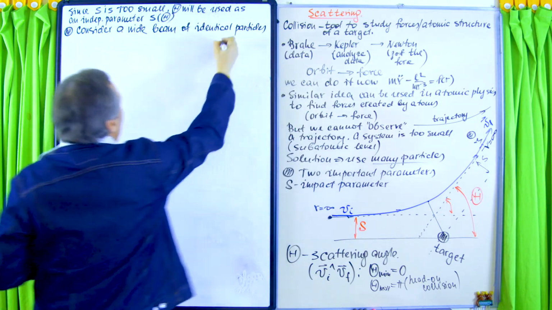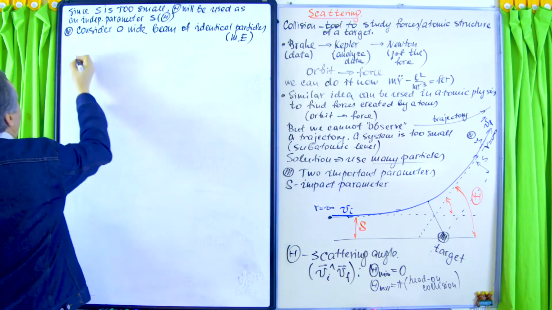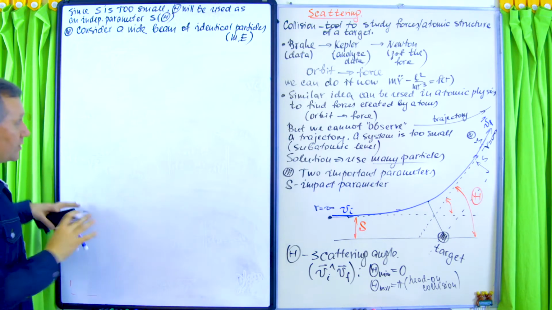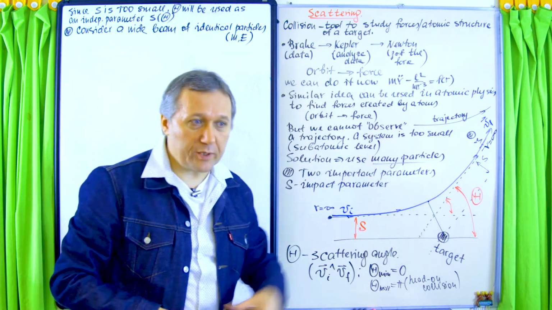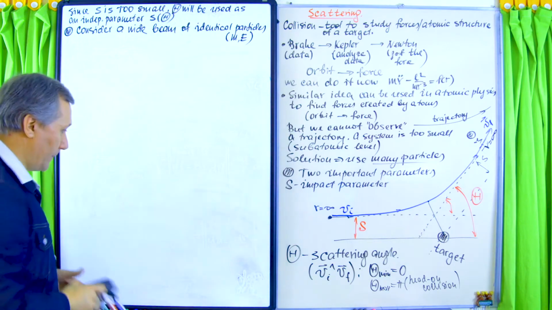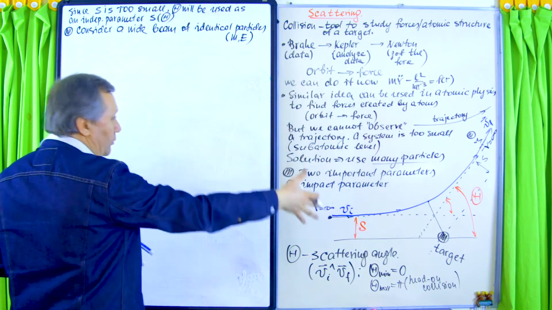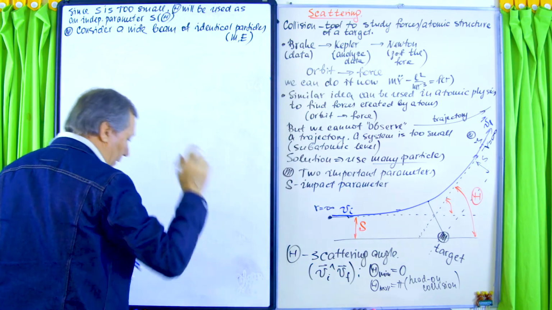Probably I will write mass m, total mechanical energy E, and I will start drawing the picture a little bit lower. Now let me write a couple of additional pieces of information, very important, which we will use. The particles are moving towards the scattering center, so the target is given.